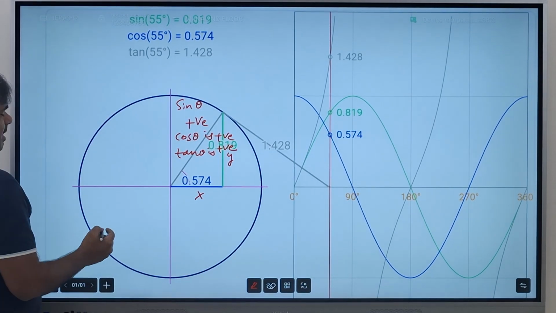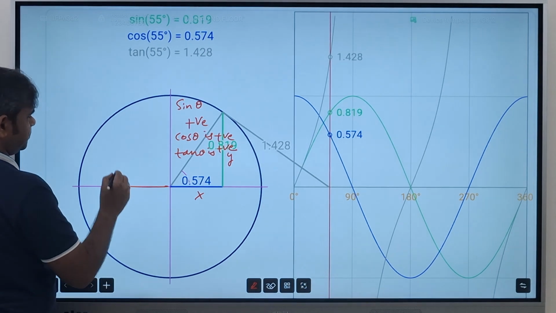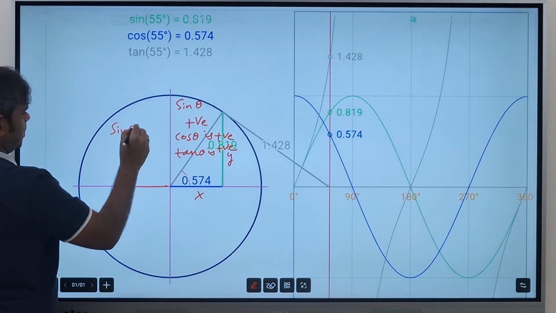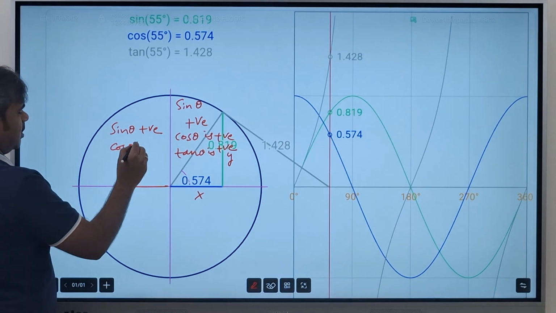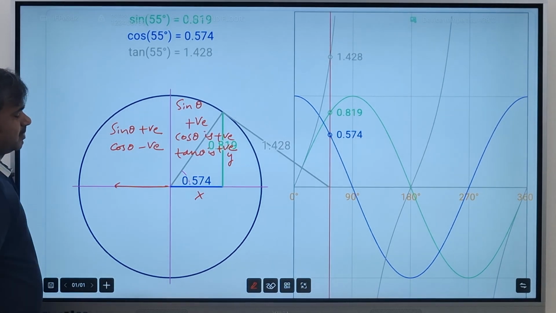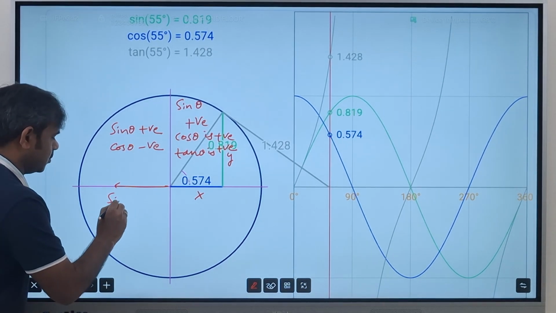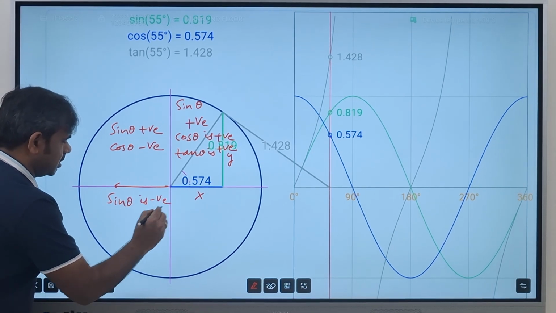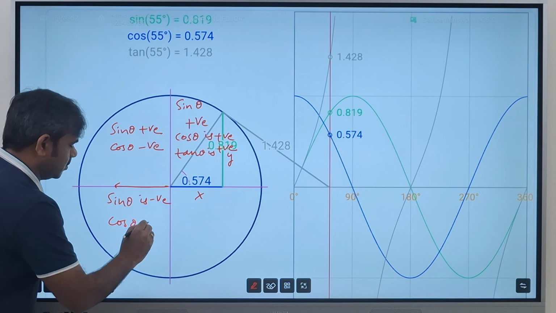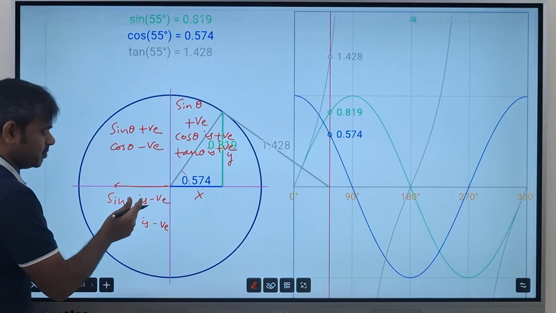In the second quadrant, x is negative, y is positive. So sine theta is positive, cos theta is negative. In the third quadrant, y is negative, x is also negative. That is why these two are negative.